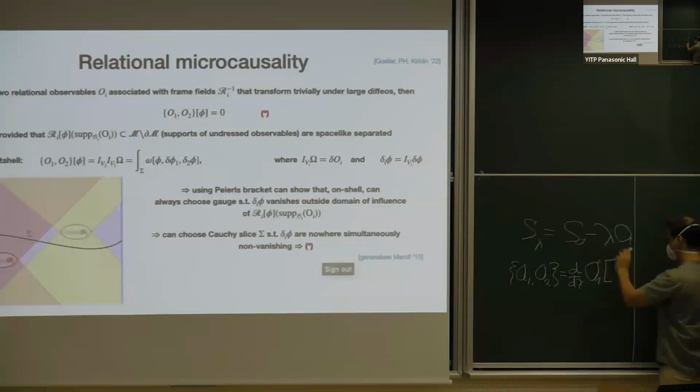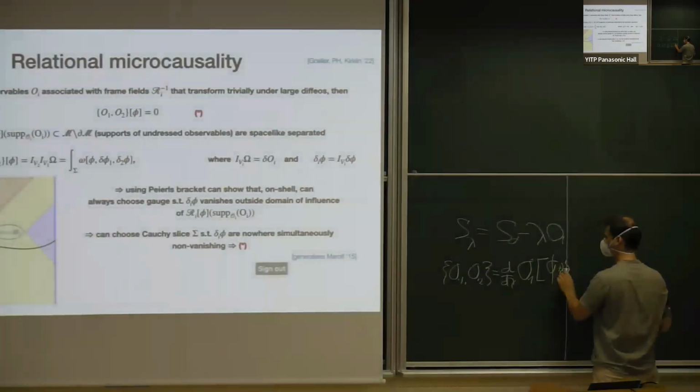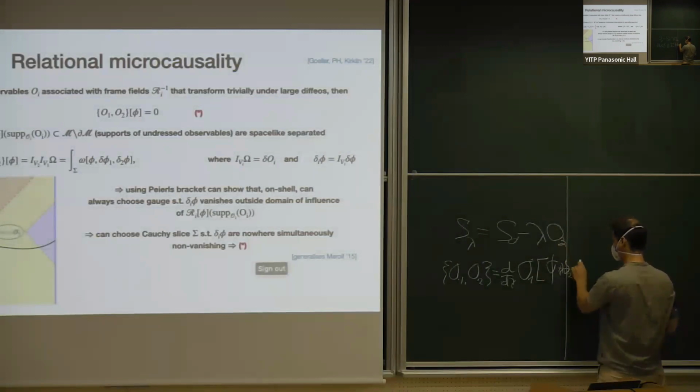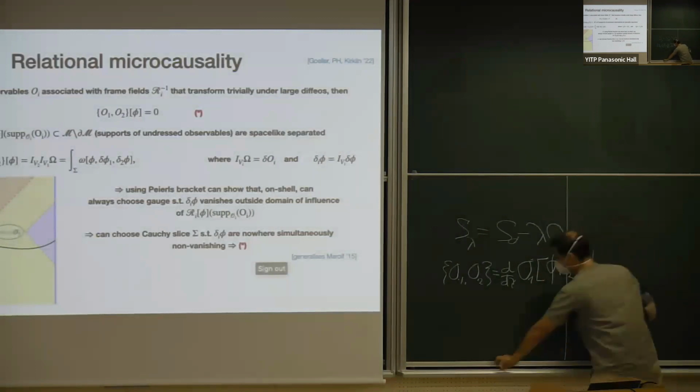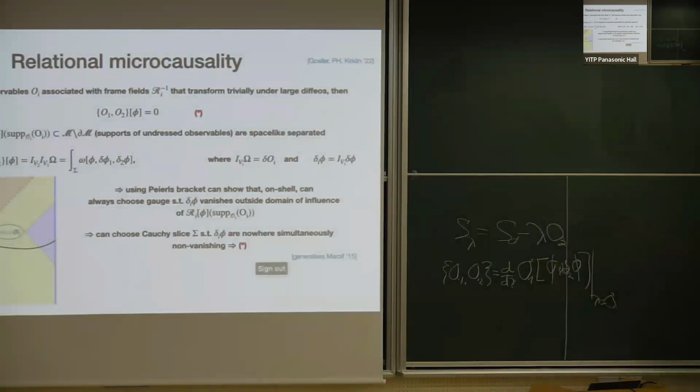Maybe I haven't completely explained that, but there's a lambda here, and then we deform it by O2 here, and that's the variation associated with the second one, and then you really set this at lambda equals 0. So it's really only the first order that plays into this. I see. Thank you.